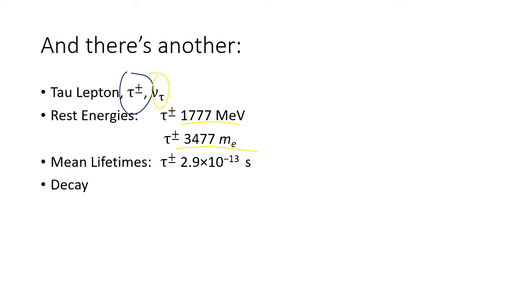It's a clue that pairs of particles come in 3 generations, getting successively heavier. So we've got the electron and the electron neutrino, generation number 1. Then we've got the muon and the muon neutrino, generation number 2. We've got the tau and the tau neutrino, generation number 3. 3 generations getting successively much heavier.